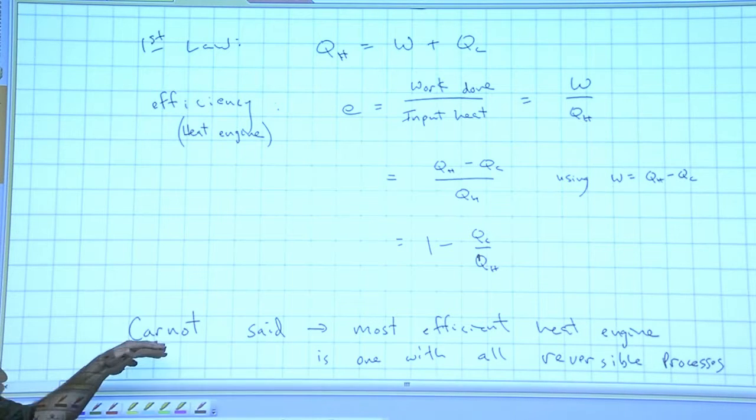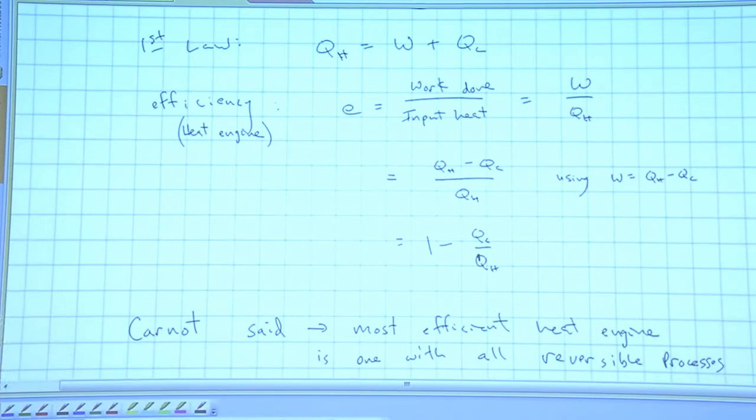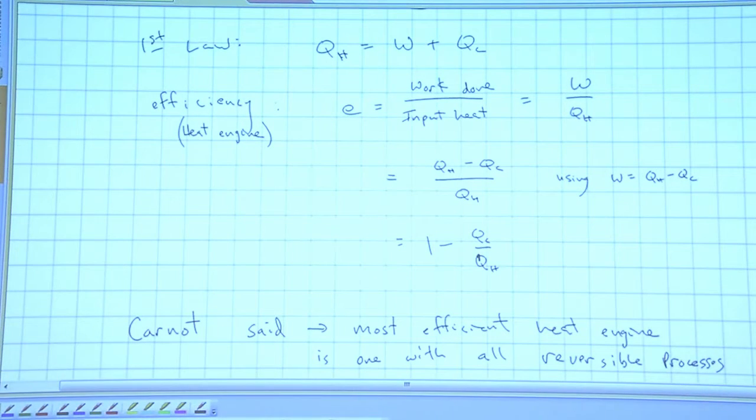And a French engineer named Carnot said the most efficient heat engine is one that has all reversible processes. So a reversible process, that's kind of a tricky thing to grasp. It means that you can get the system back to where it was. Let me give you an example.